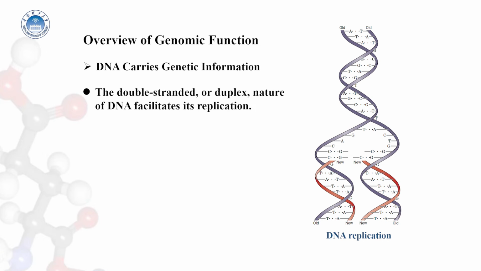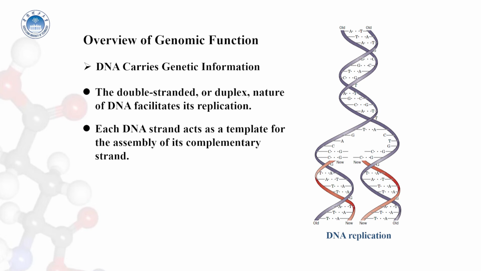The double-stranded or duplex nature of DNA facilitates its replication. When a cell divides, each DNA strand acts as a template for the assembly of its complementary strand, and consequently, every progeny cell contains a complete DNA molecule.